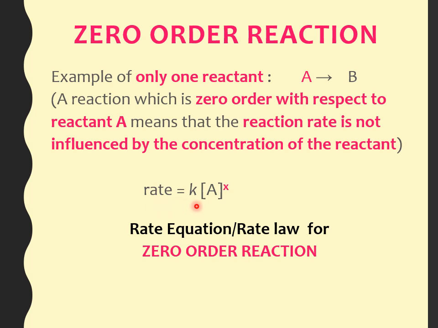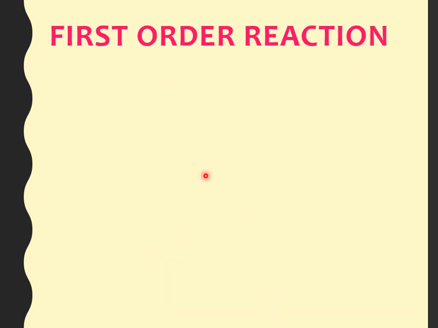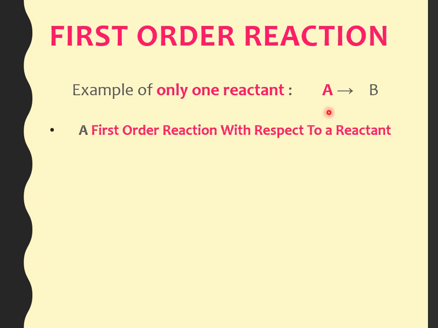Rate equals K concentration of A to the power of X. So the rate law for zero order reaction is rate equals K concentration of A to the power of 0. Rate equals K.